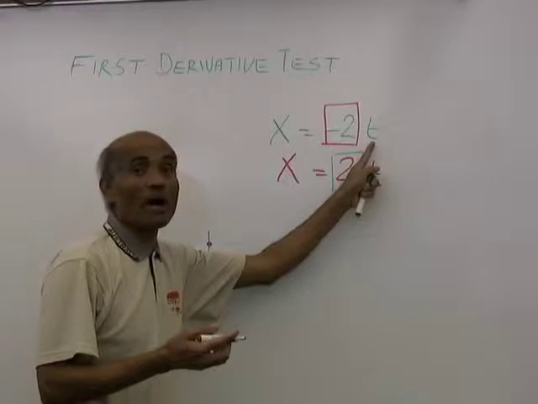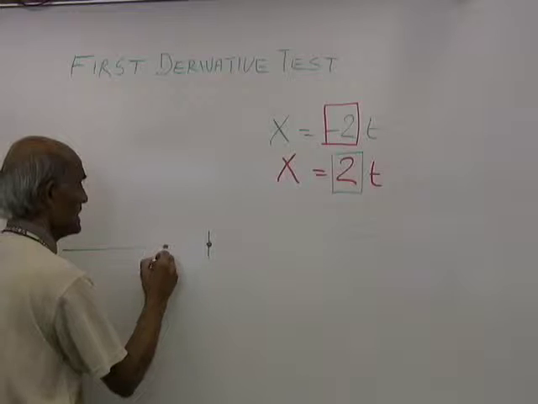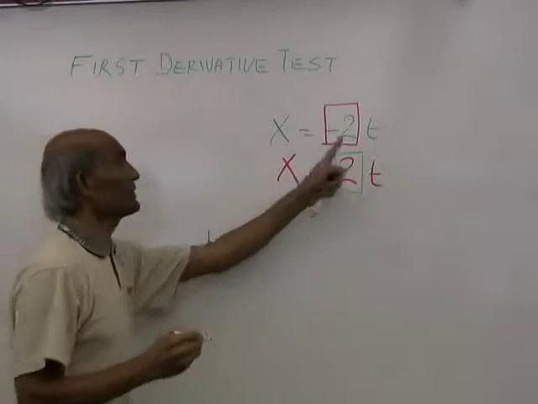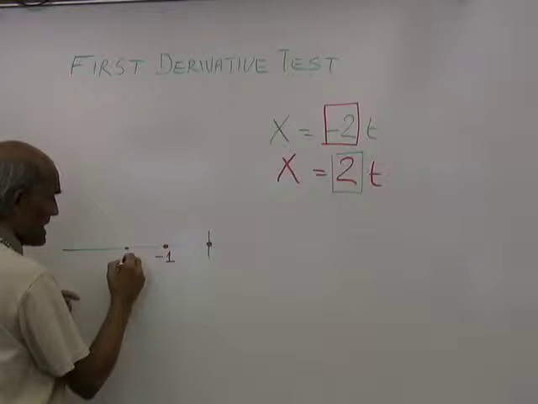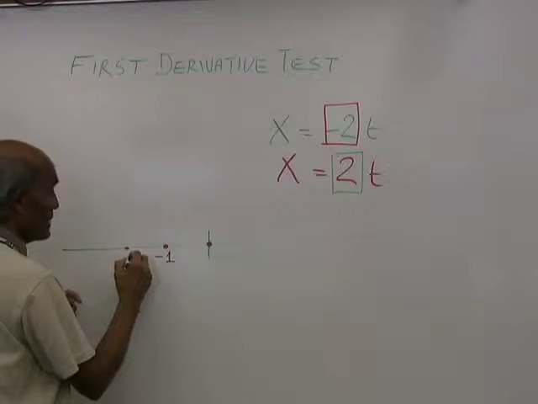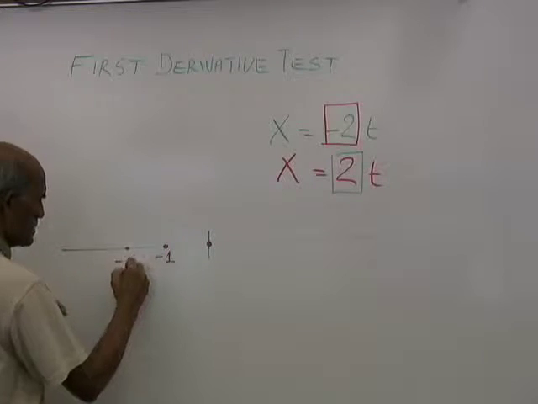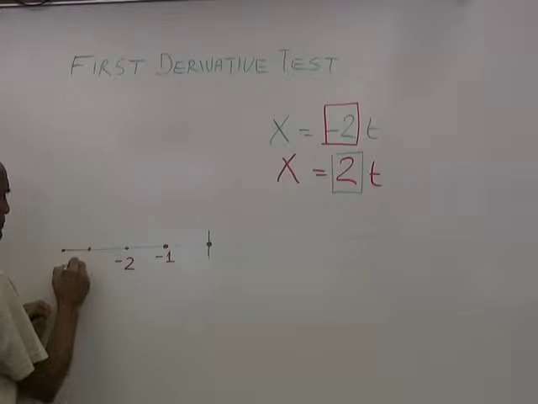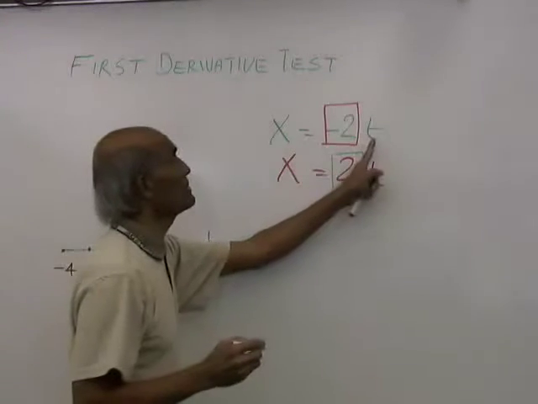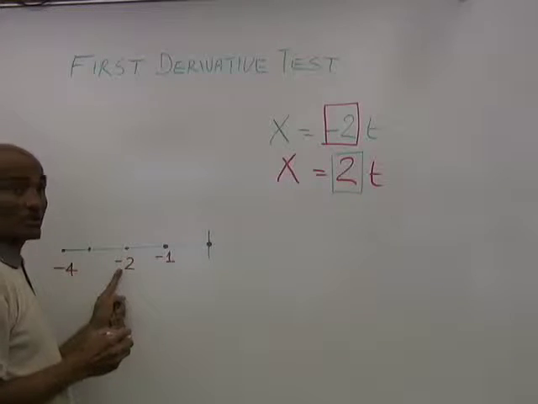When t equal to 1, x equal to negative 2, the object is here. At t equal to 2, the object is at negative 4. So, this is negative 1, that's negative 2, negative 3, negative 4. So when t equal to 1, the object is at negative 2 meters.